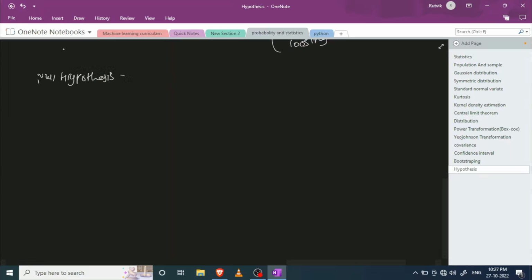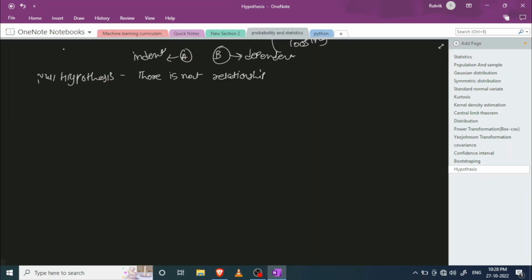You can use the null hypothesis when you have an assumption, right? So suppose you want to identify a relation, and you made an assumption that there isn't any relationship. Suppose you have two variables A and B, where A is working as the independent variable and the second one is the dependent variable, right?